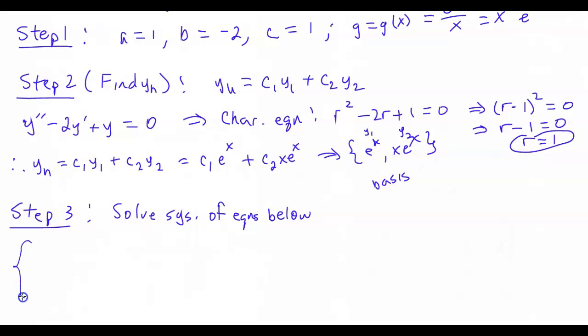Our system of equations is u prime y1 plus v prime y2 equals 0, and then u prime y sub 1 prime plus v prime y sub 2 prime, and that's going to equal g divided by a.